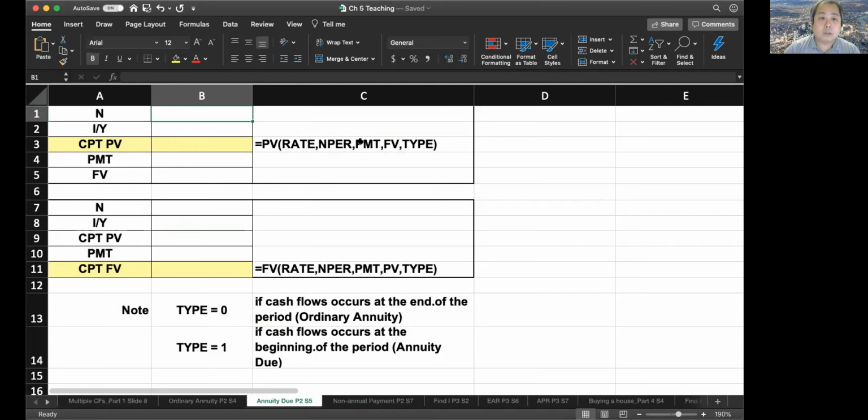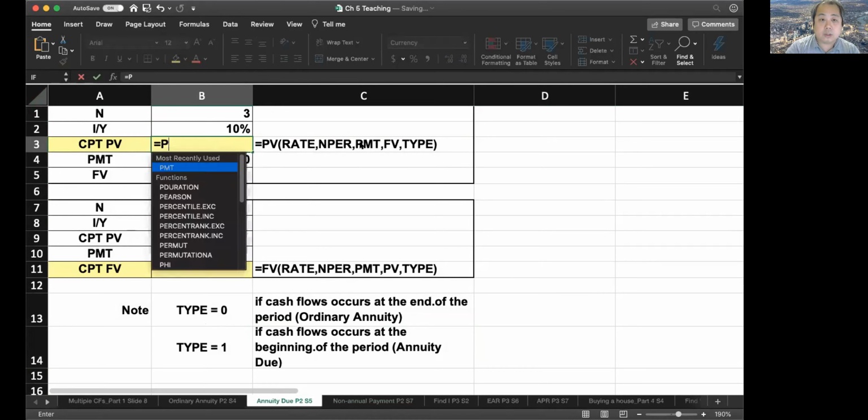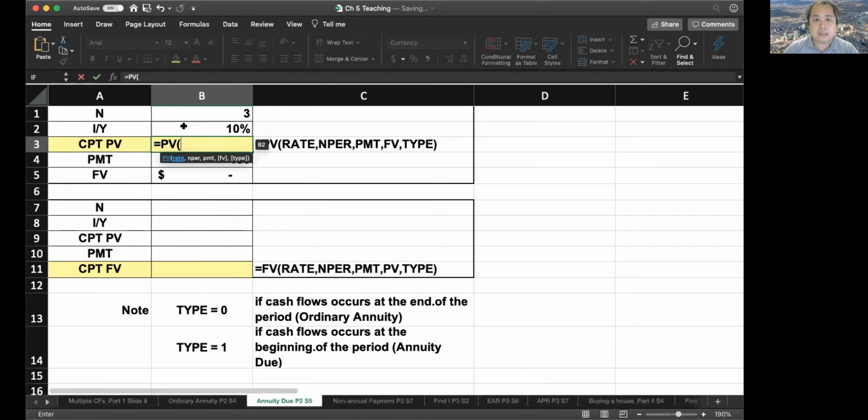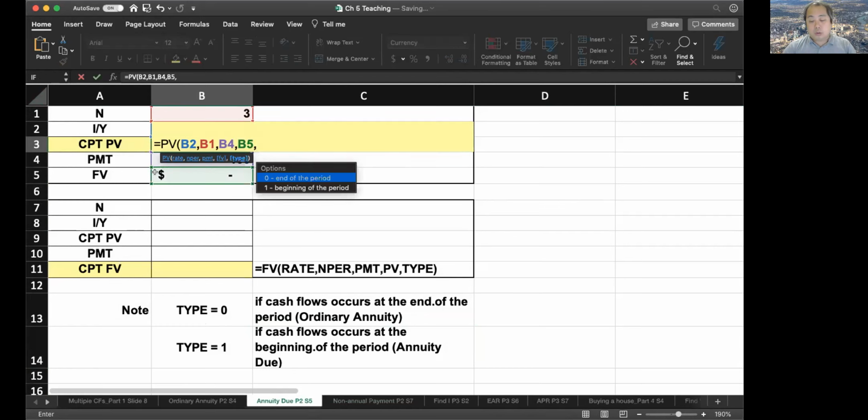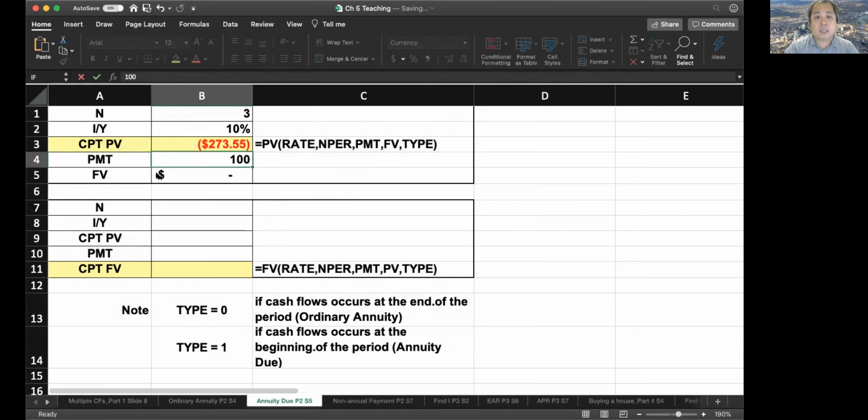Now 3, 10%, and $100. Then the present value equals 2. Now again, same rate, number of periods, PMT payment, and future value. And for annuity due, you put 1. Then you have 273.55.